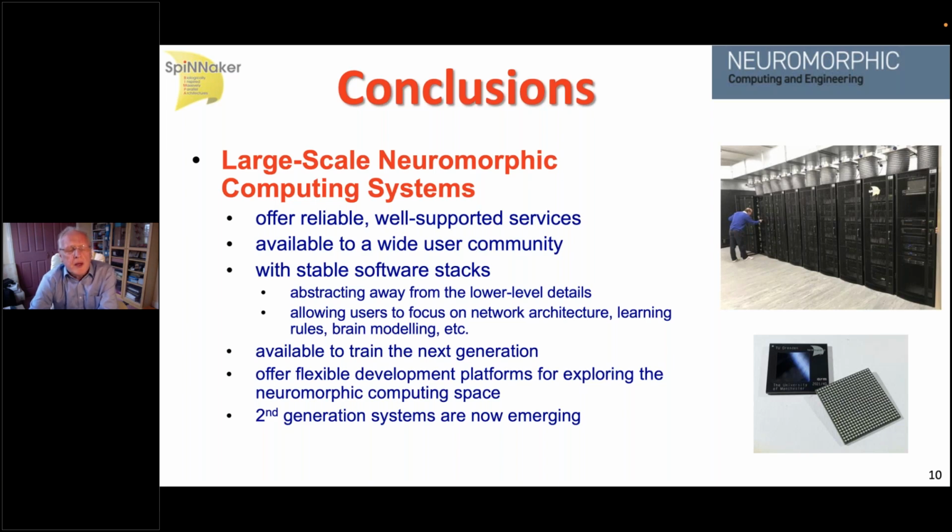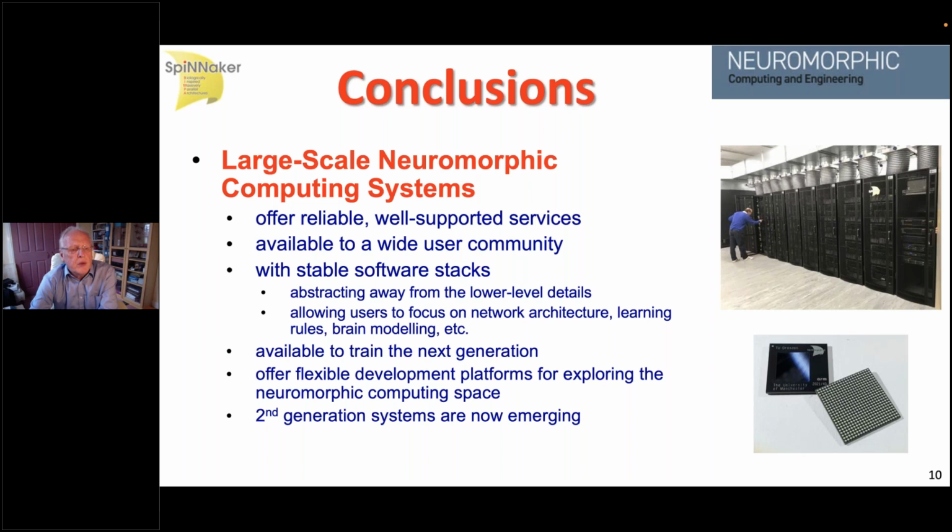They're supported by stable software stacks, and these abstract the users away from the lower level details unless the users really want to dig around in those lower levels. And so users can really focus on the kind of services offered by the Pine language, on network architecture, on learning rules, on brain modeling, or on engineering applications.